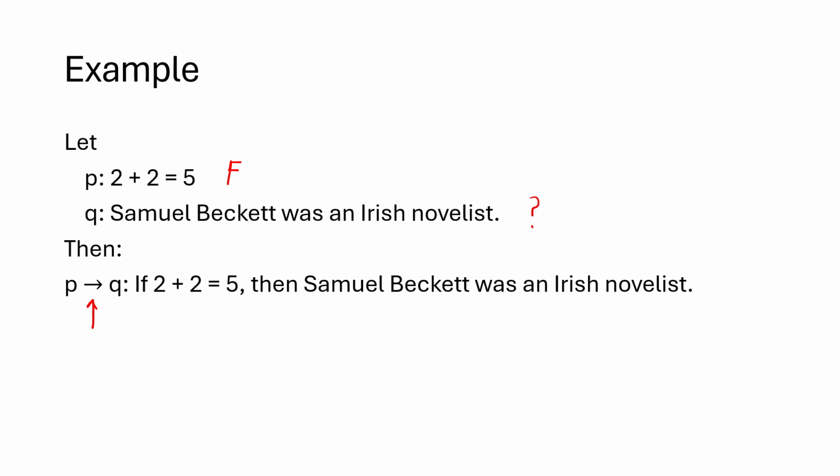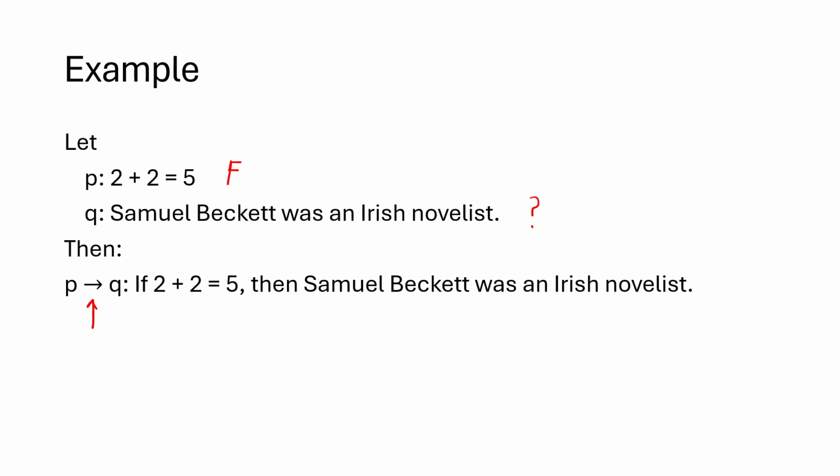Now, the reason that I've chosen this example is that when we talk about implication, if this is your first time seeing this in logic, you may assume that there should be some type of relationship between P and Q. Or sometimes people think that P must be the cause of Q. P must be the reason that Q happens. So if you do this, then that happens, or something like that.